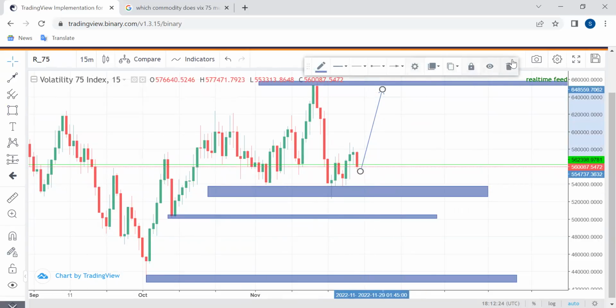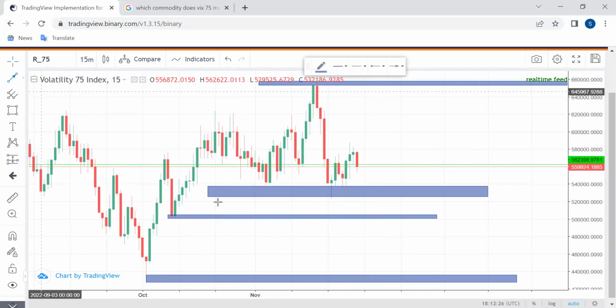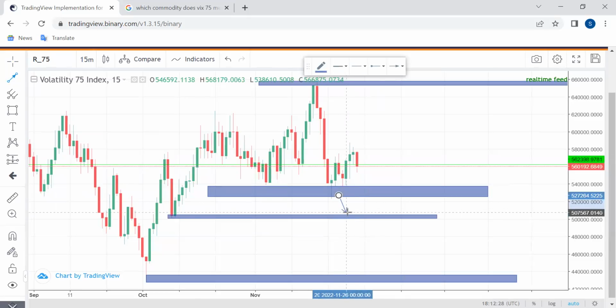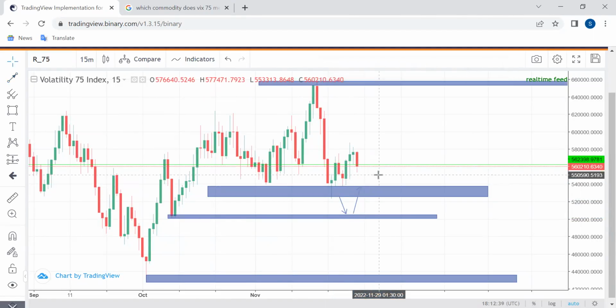Then the market will obviously push down to this level over here. Then it will come back up to retest this zone. When it comes back up and it fails to break the zone upwards, I would know that it has now become a new resistance. It was a support, it has become a resistance.